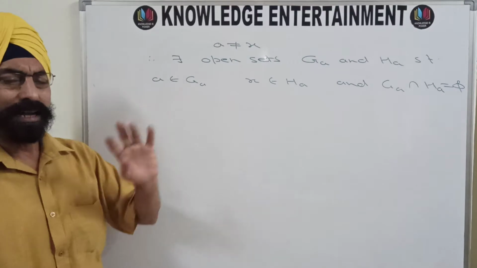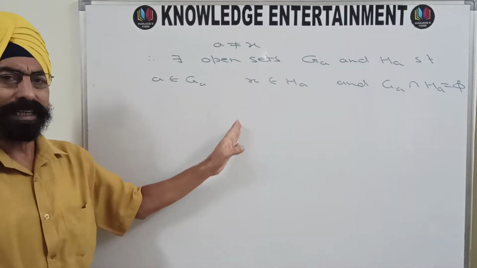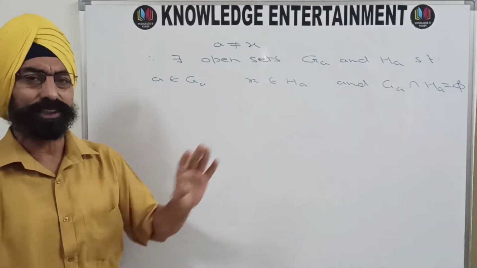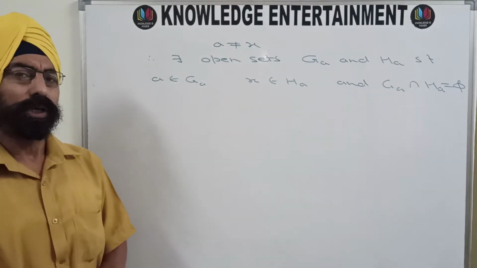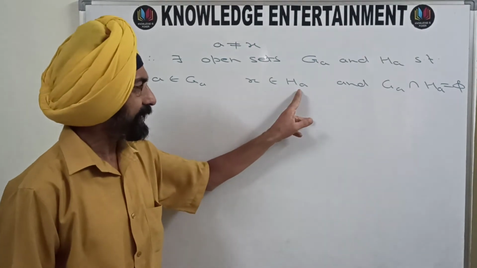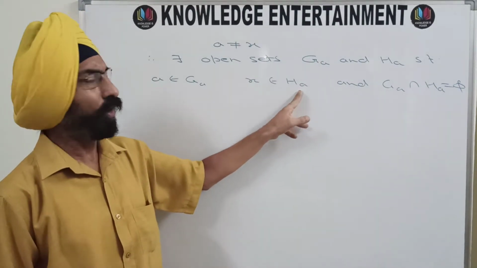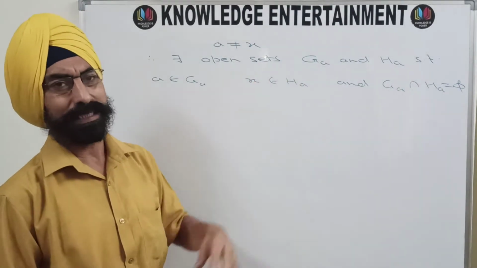Now x was an arbitrary element. You will change the element x, the sets Ga and Ha will change. So what you have to do? You have to collect all sets Ha for different x in B.